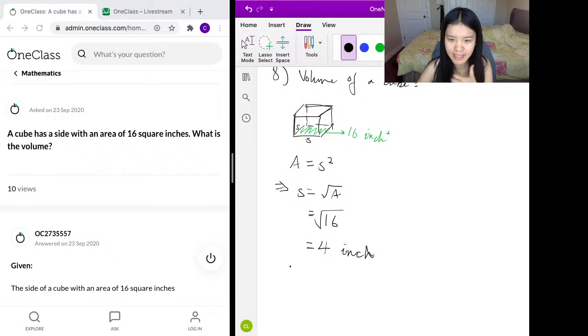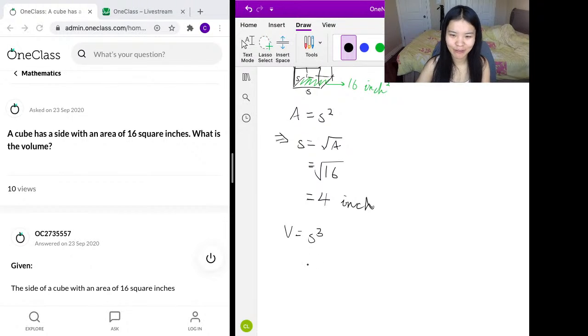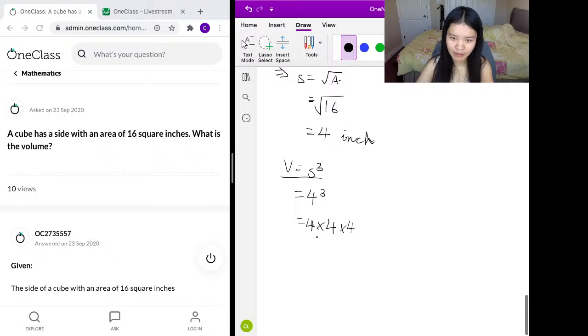From the previous example, we know in order to find the volume of a cube, we would just cube the side of the cube, like so. And we also know the side of the cube in this case is 4. So the volume of this cube is just 4 cubed, which is 4 times 4 times 4, which is equal to 16 times 4, which is 64.